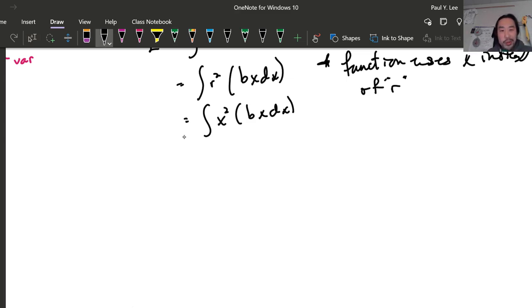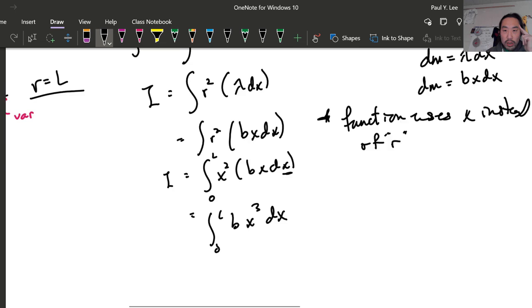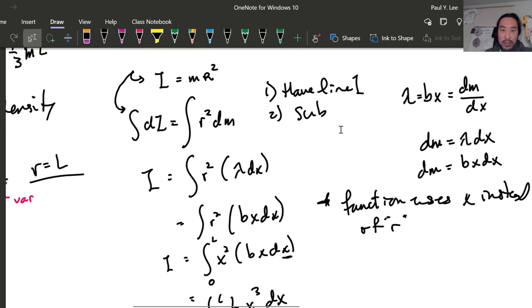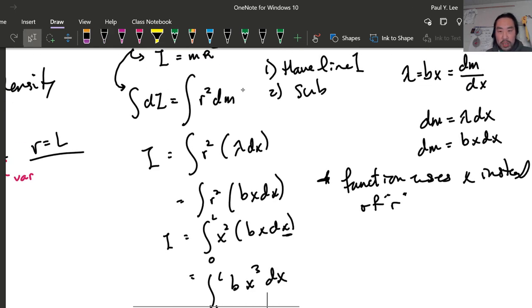And at this point, you're almost done. Okay, well, first you need to set the bounds. We said our initial position bound will be 0, and our final position will be L. Okay, and so look here, we get 0 to L. I'm going to just clean this up. This is bx cubed dx, and at this point, you just got to ask yourself, right? So if this is step 1, have line 1. Step 2, perform your subs.